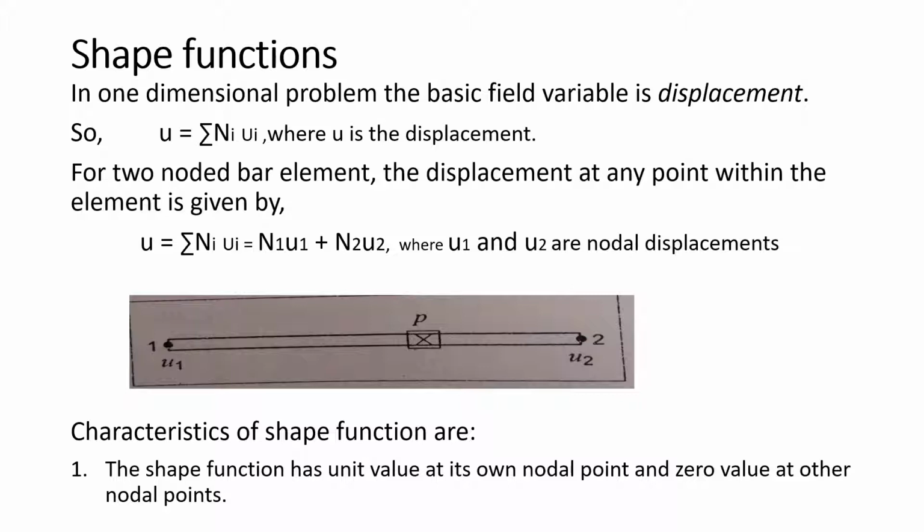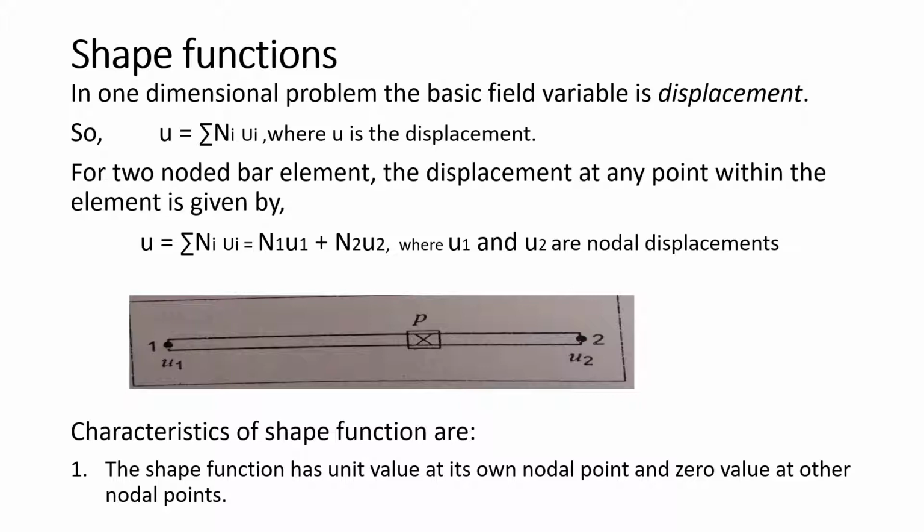Then if you want to get the displacement at a point in between, that is at P as shown in the figure, then we will use the formula u is equal to N1 u1 plus N2 u2. u is the displacement at the point P, and N1 and N2 are the shape functions. So that is the use of shape functions.